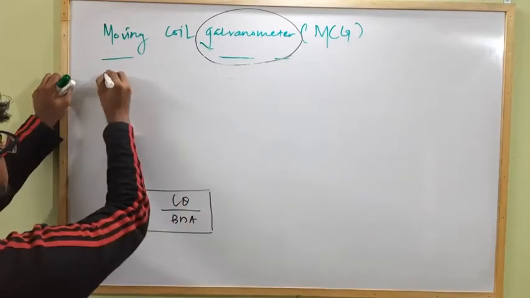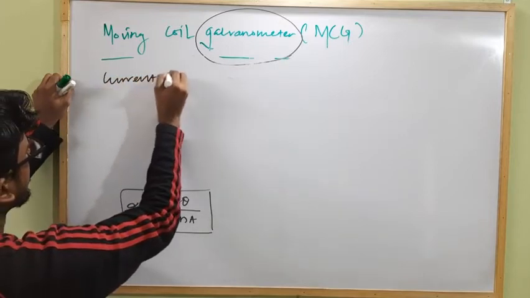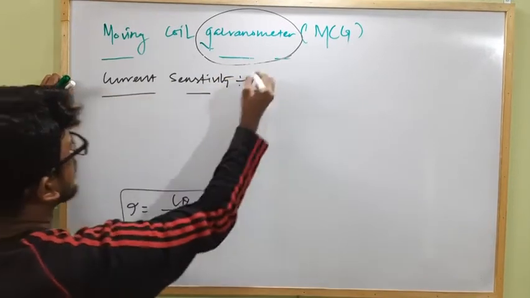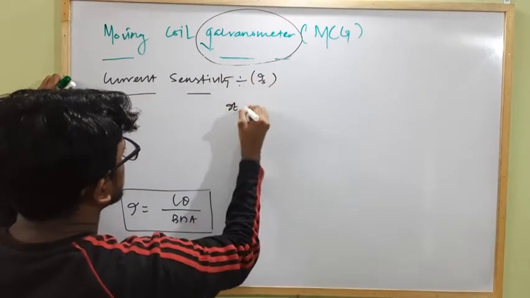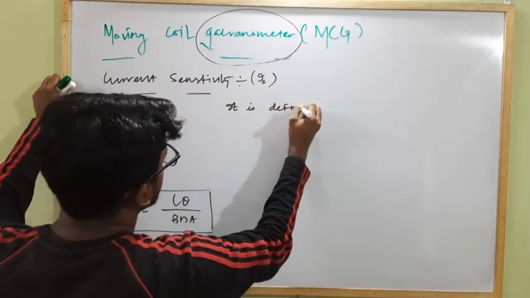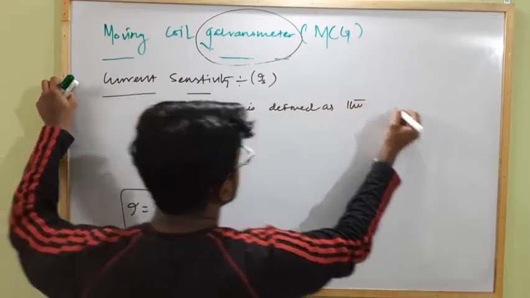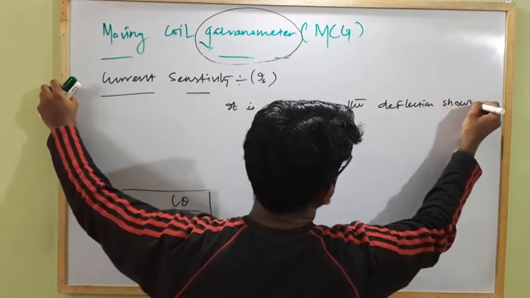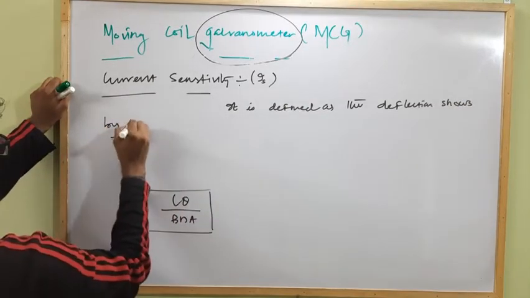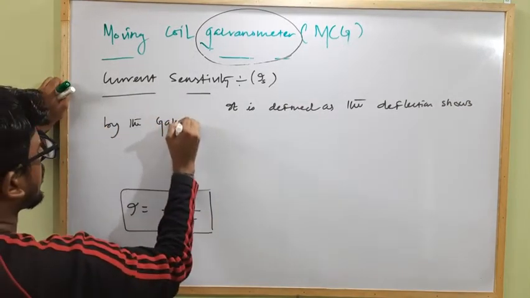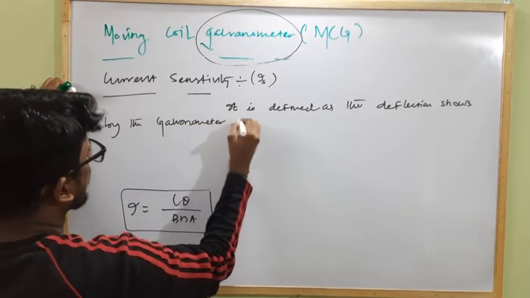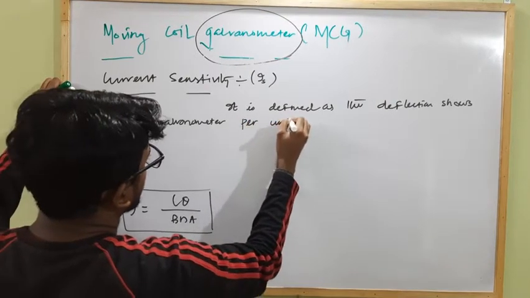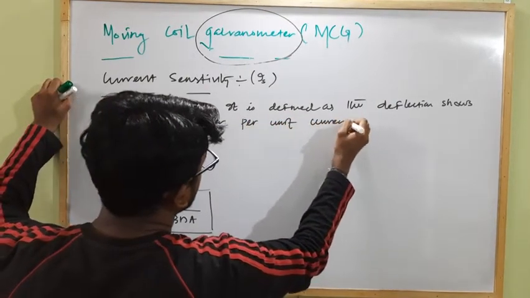So what is current sensitivity? It will be IS. It is defined as the deflection shown by the galvanometer for unit current flowing through it.